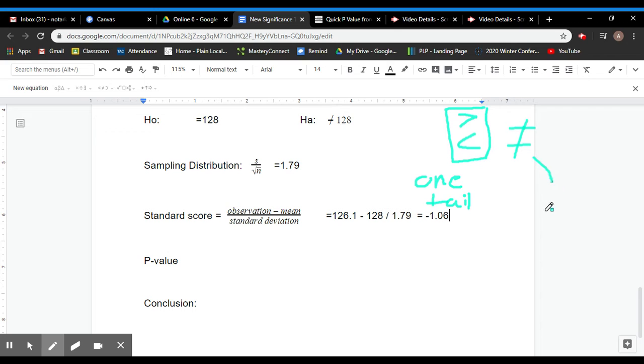If it is a does not equal, this is a two-tail. The reason it has those names is because of the normal curve, this guy that we worked with last time. You can't really do that in a Google Doc, so we're going to forget about it for now. But just know that two tails have shading on both sides. One tail has shading on only one side.